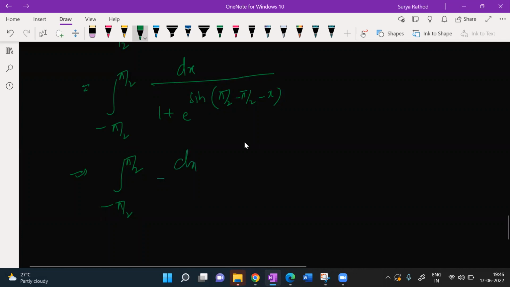Can I write this as dx divided by 1 plus e to the power of minus sin x? Integral from minus pi by 2 to pi by 2.